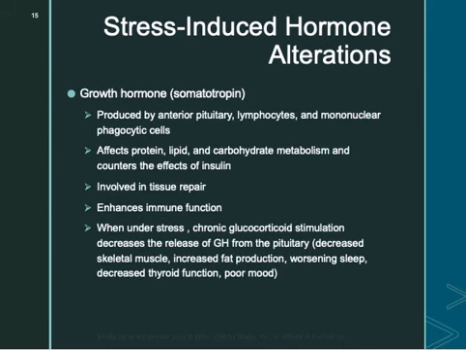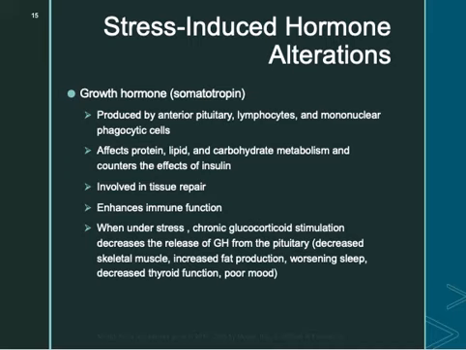Other hormones that can be altered is your growth hormone, and that's once again produced by your anterior pituitary. It also is in your lymphocytes, mononuclear phagocytes. Once again, don't memorize this because we'll get into this later. The only thing I really want you to understand is that it can have an effect on your growth hormone. And growth hormone can have a big effect on lipids and the effects of insulin and blood sugars.